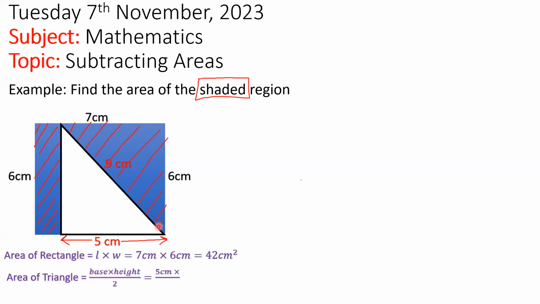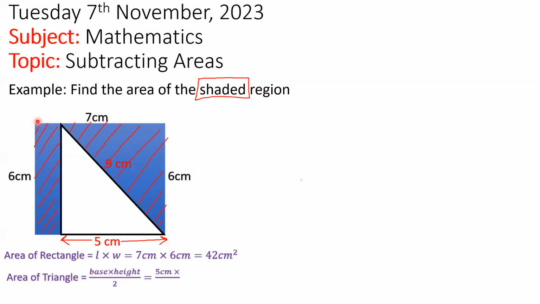China, why did you say 6? Because the rectangle's side is 6 and it lines up with the triangle's side.